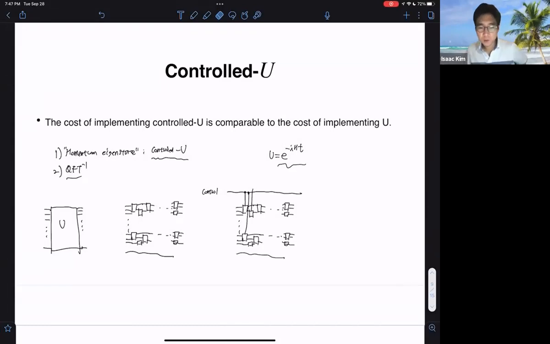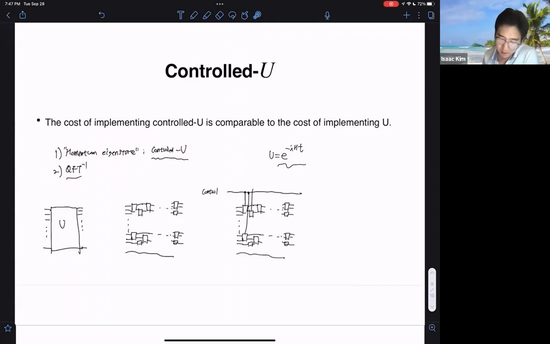So I was talking about controlled unitary, and my point was this. In this quantum phase estimation business, we had two parts: preparation of the momentum eigenstate and the inverse quantum Fourier transform. In the first step, we needed to apply the controlled unitary.